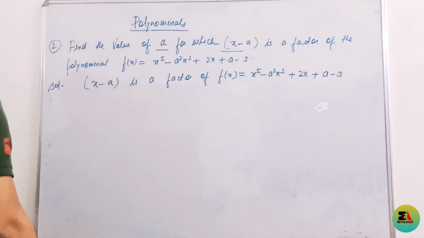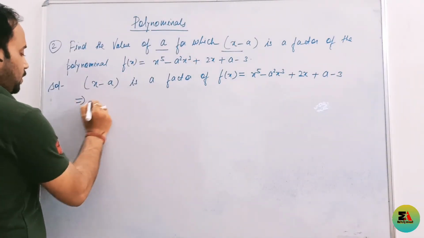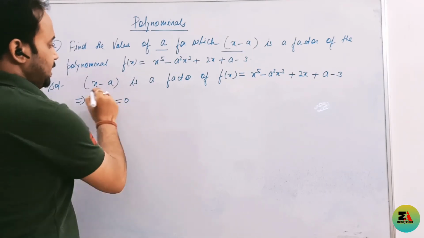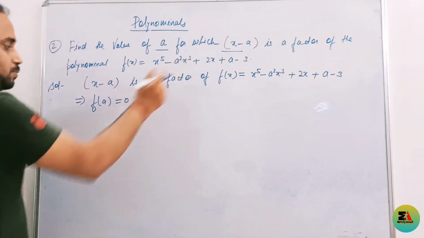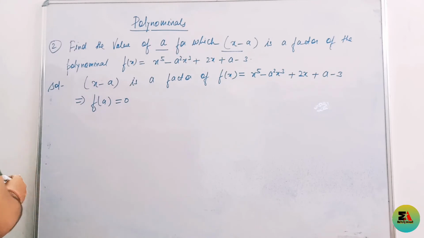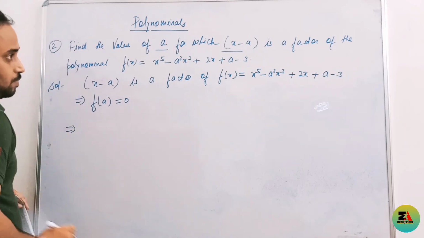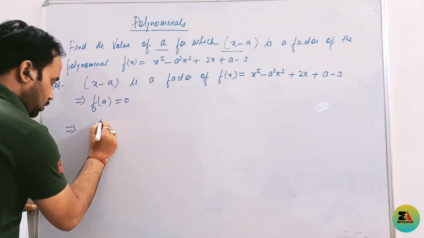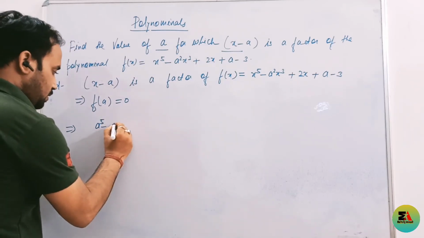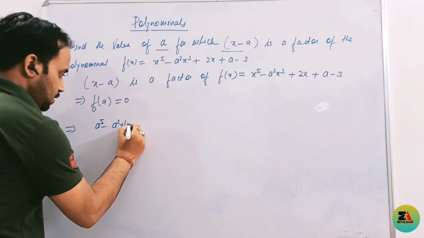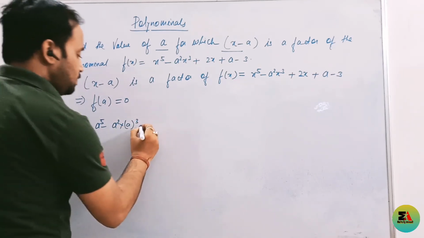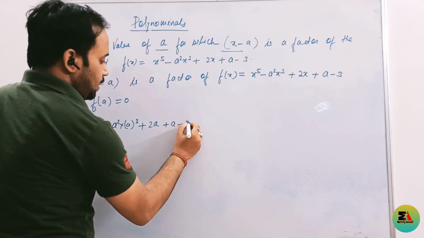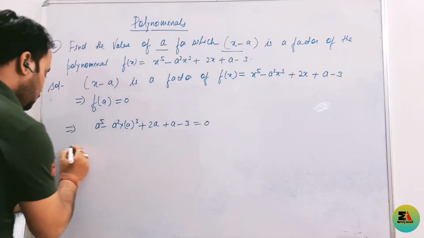Then we have to calculate f of a equal to 0 because x minus a is a factor of this polynomial. In place of x, substitute a. This becomes a to the power 5 minus a square times a cube plus 2a plus a minus 3 is equal to 0.